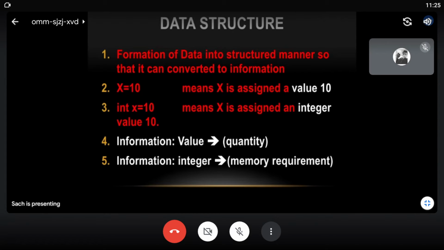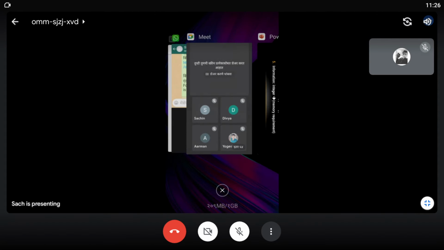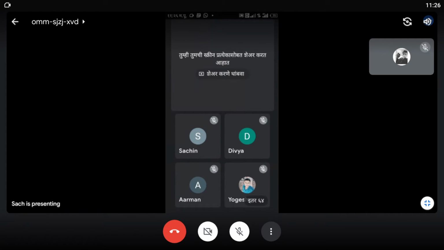So, formation of data into a structured manner. Whenever we say structured manner, just remember that email ID example. When data is formulated in a structured manner, it can be converted to information. So the computer will convert your raw data into information for information processing.